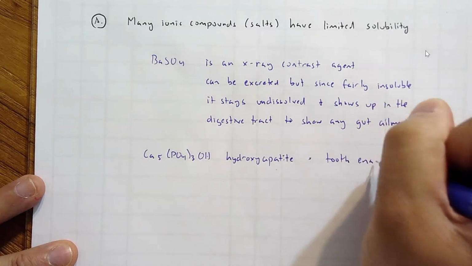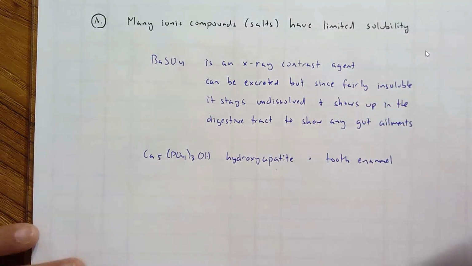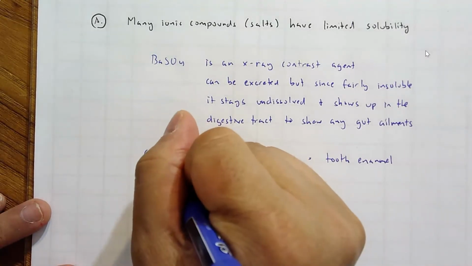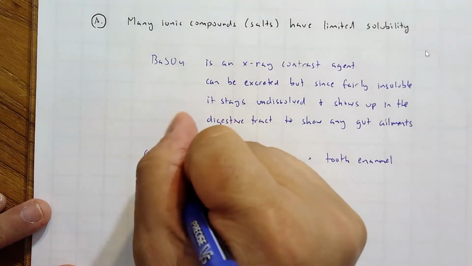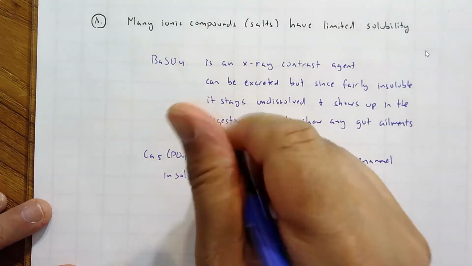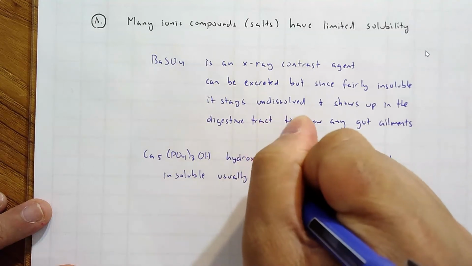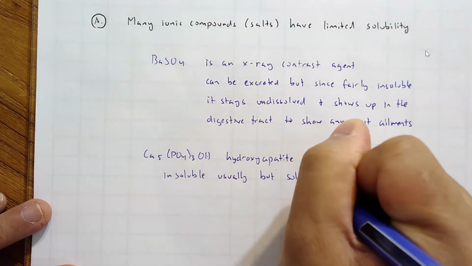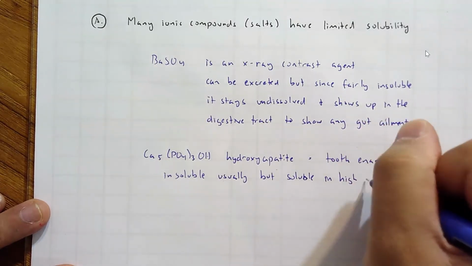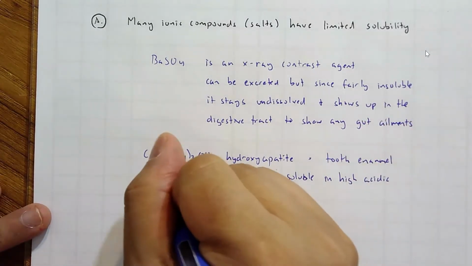You don't want your tooth enamel to be soluble in water, but if you have too much acid in your saliva, then it will dissolve. Insoluble, usually. But soluble in highly acidic soda, coffee environments.